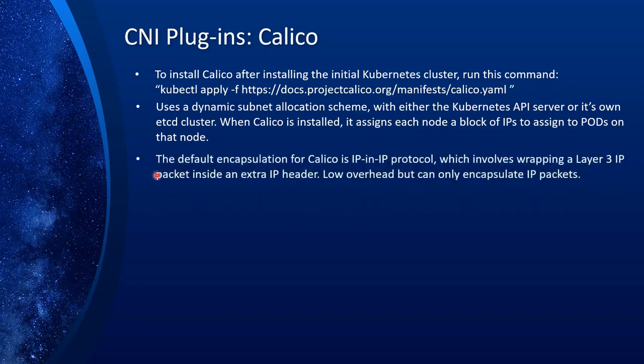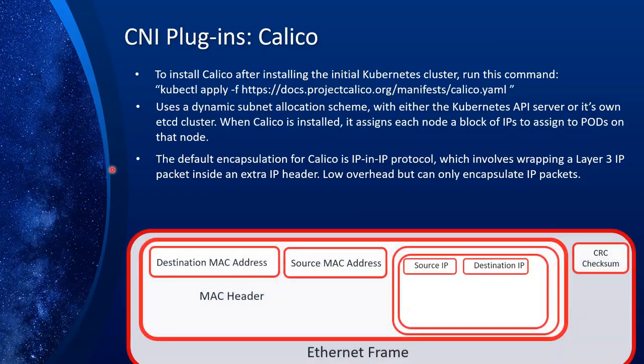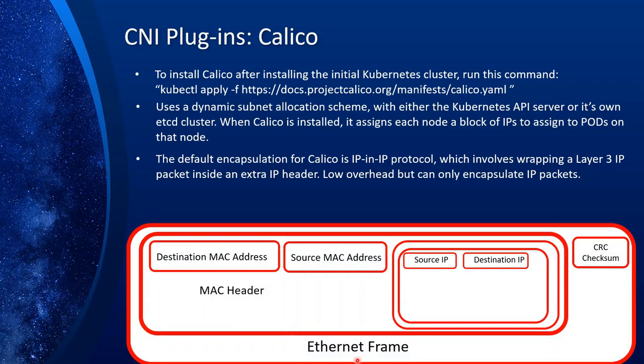The default encapsulation for Calico is the IP in IP protocol, which basically involves wrapping a layer 3 IP packet inside an extra IP header. Let's see how that works. This is an Ethernet frame, which consists of the MAC header, the data, and the CRC checksum.